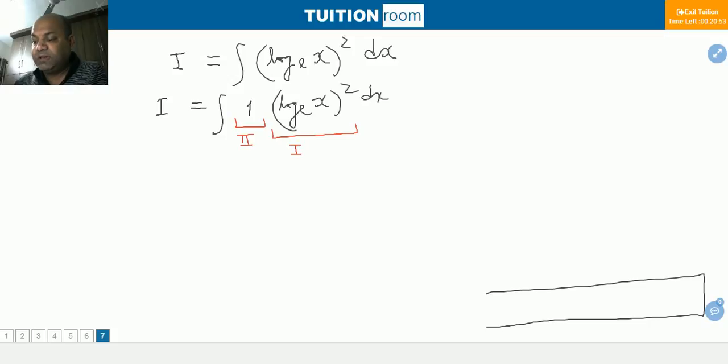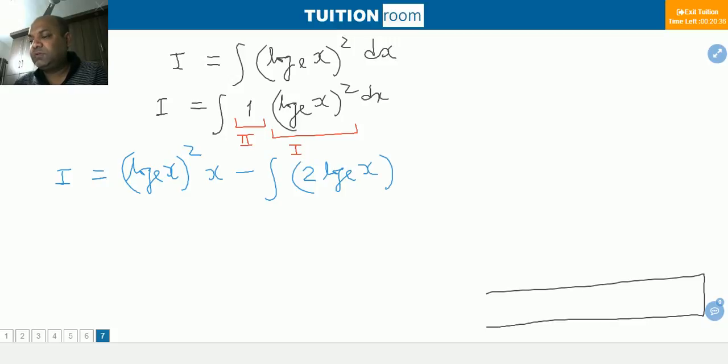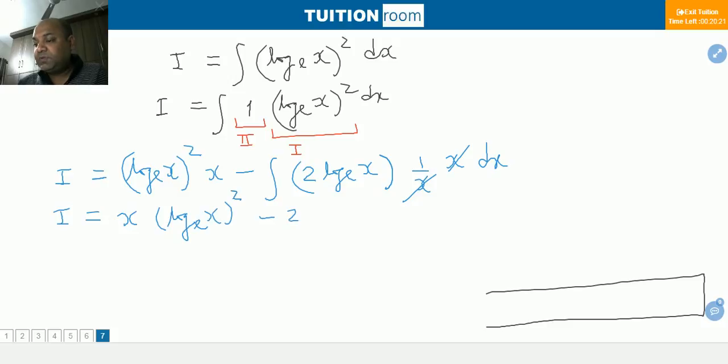My writing is very poor, yeah. Okay, and we can do it as 1 into this much. This is treated as the first function, this is treated as the second function. Now we'll apply the formula: first function, log base e x whole square, minus 2 times first function, integral of second, minus differential of first function into integral of second.